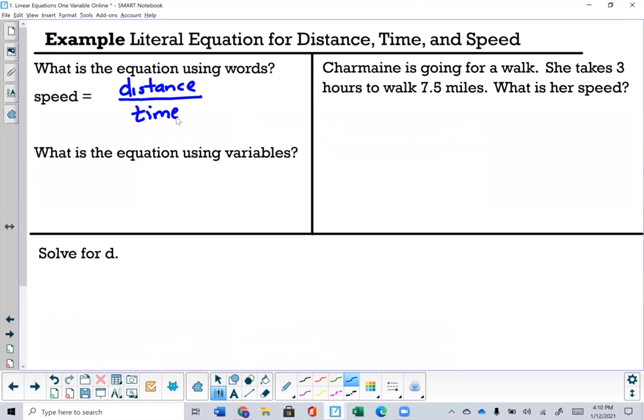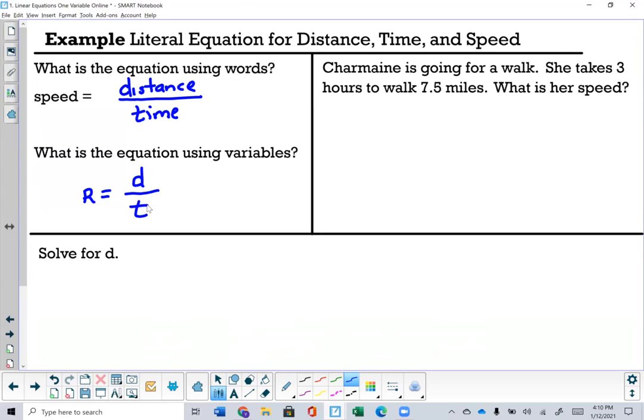Instead of using the whole word, we can just use variables. Now, oftentimes S can be confusing for speed, so we'll use the variable R for rate. Rate can also refer to a speed, equal to D over T. All right, there's our formula.